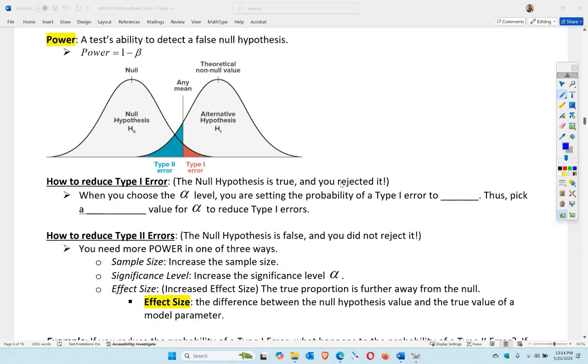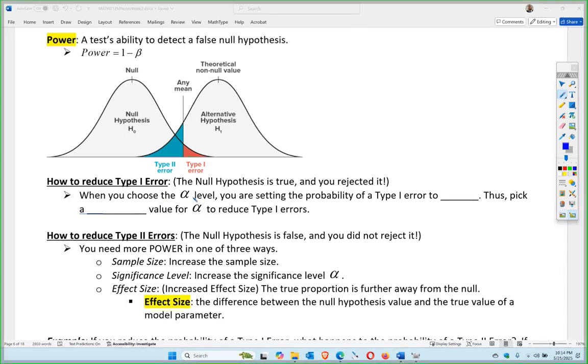Okay, so power is 1 minus beta, basically. When you choose an alpha level, you're setting the probability of type 1 error to alpha. So alpha is the probability of type 1 error. Thus, you pick a lower value for alpha.